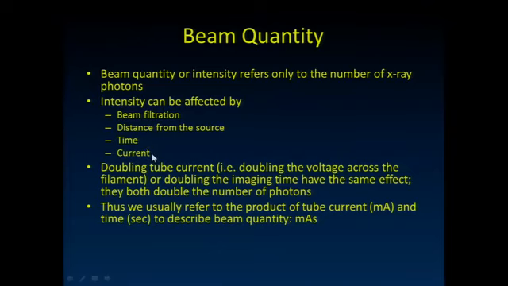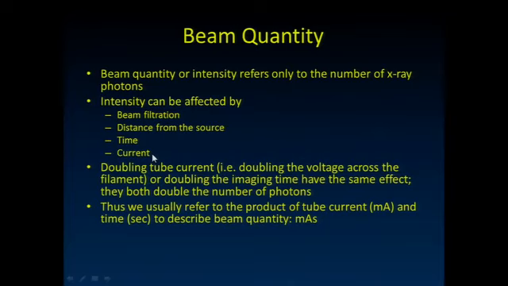And the current. If you change the current that you apply to the X-ray tube, which is the number of electrons that are being boiled off the filament, right? So if we increase the small voltage across the filament, it heats up more and more electrons get boiled off of it. Keeping the really high voltage across the tube the same, now more electrons are flying across.